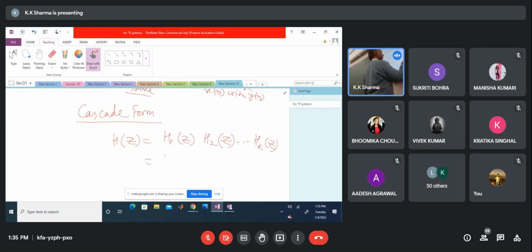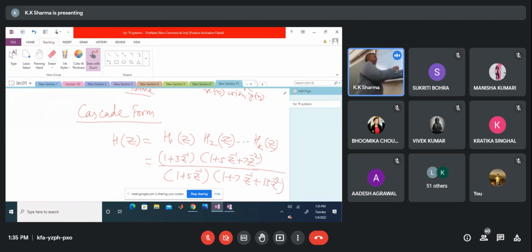Say for example, (1 + 3z^-1)(1 + 5z^-1 + 7z^-2) upon (1 + 5z^-2)(1 + 7z^-1 + 13z^-2), whatever.